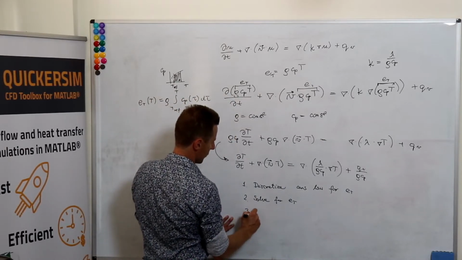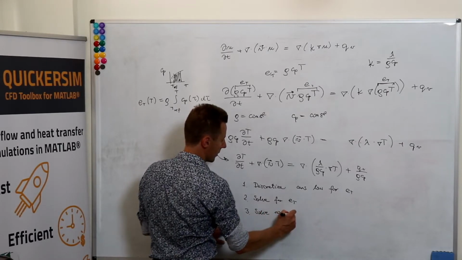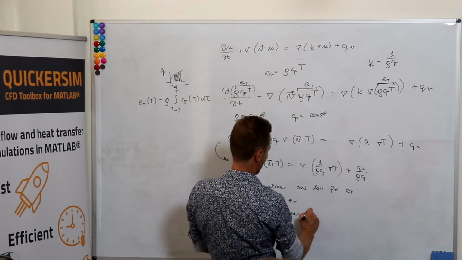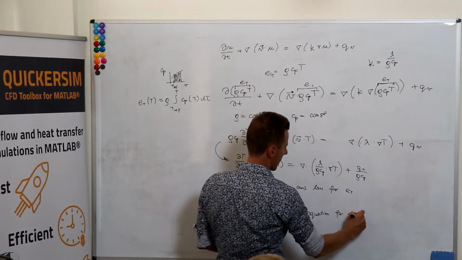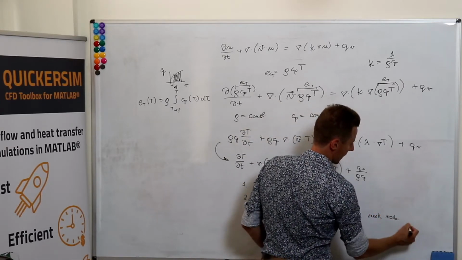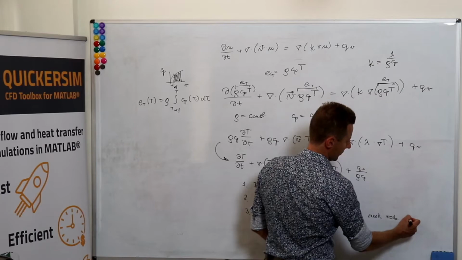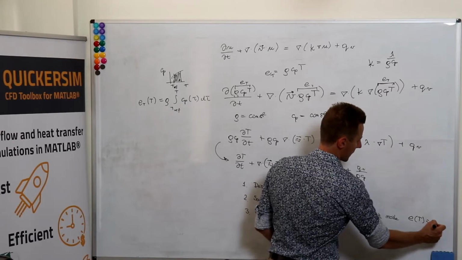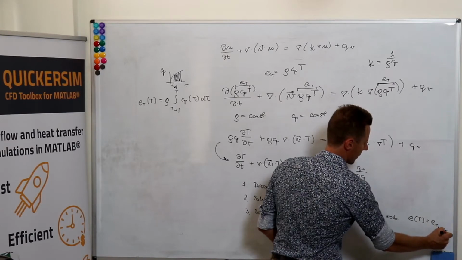The third step would be to solve a nonlinear algebraic equation for each mesh node. What kind of equation? E at T equals ET at some mesh node.